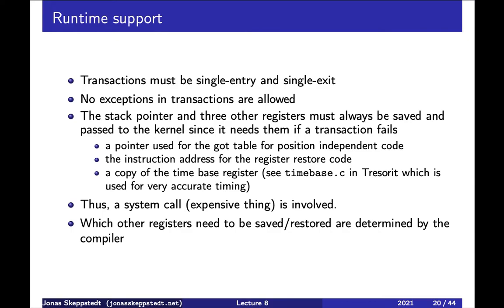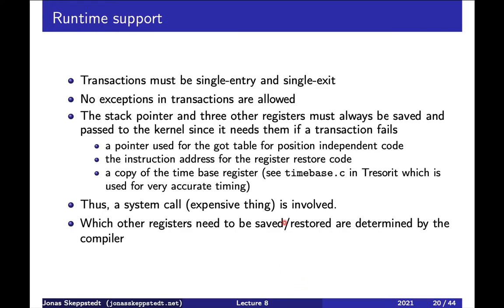Okay, so the operating system needs to copy some register values in order to restore them after the transaction, in case it fails. And also for deciding which transaction should fail.